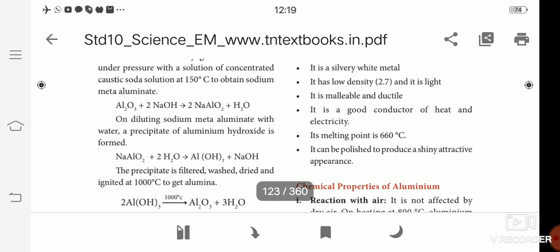So this is the conversion of bauxite into alumina.